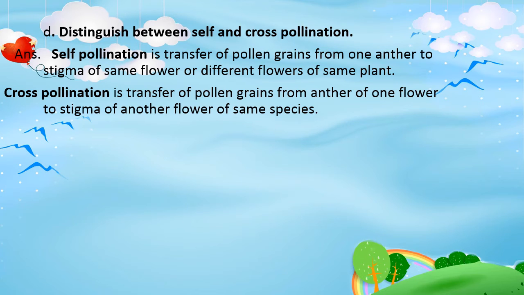Here pollen grains are transferred to the stigma of a flower of a different plant, but the species should be the same. Got it? So this is the difference between self and cross pollination.